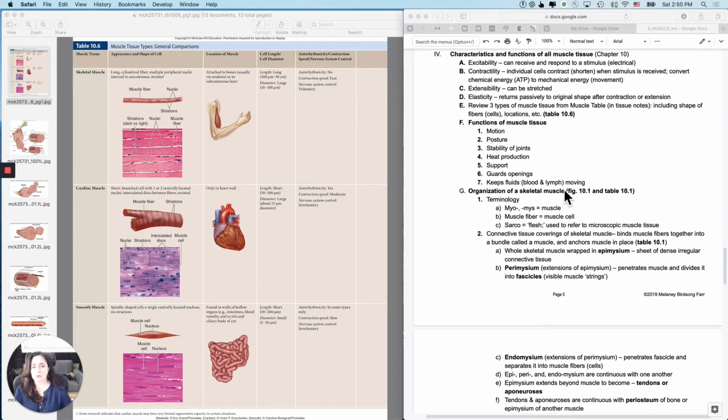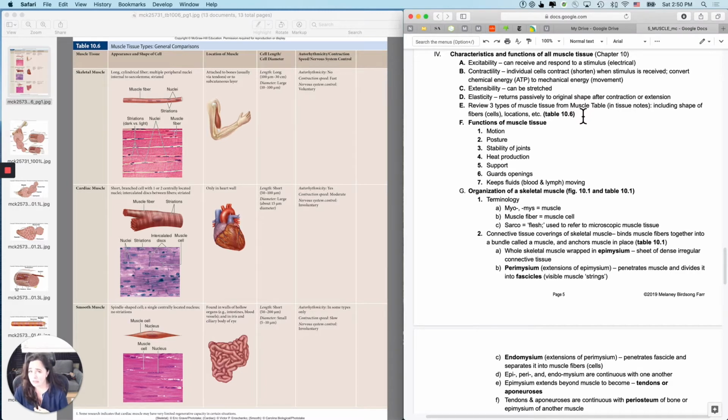Before we get into the real microscopic parts of muscles, let's just talk generally about what muscles do at the microscopic level. So, all muscle tissue, and remember, these are the 3 types of muscle tissues, and you did locations, cell lengths, how they work, and all of that stuff back in the histology chapter.